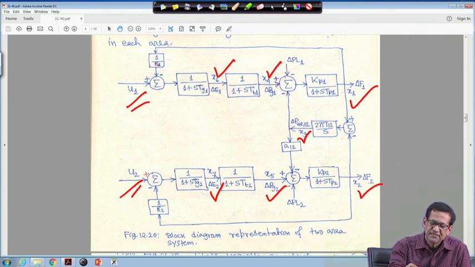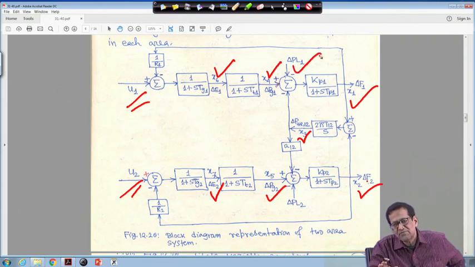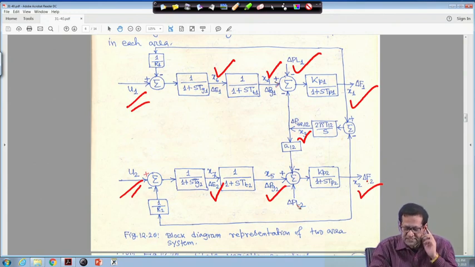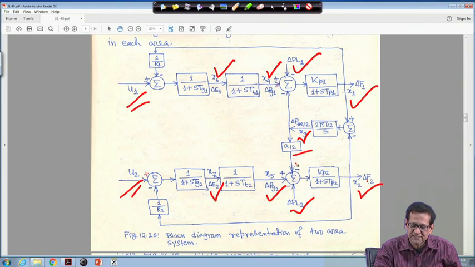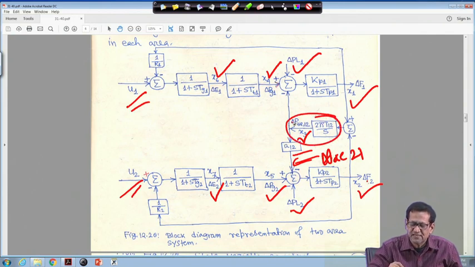On this side minus 1 upon R1 delta F1 and on this side minus 1 upon R2 delta F2, and this is the load disturbance delta PL1. All of this we have seen part by part, now we have combined it together. This is delta PL2 and this is A12, that is delta P tie 2-1, and this portion is the tie line modeling.